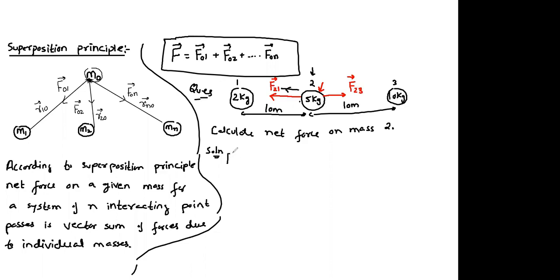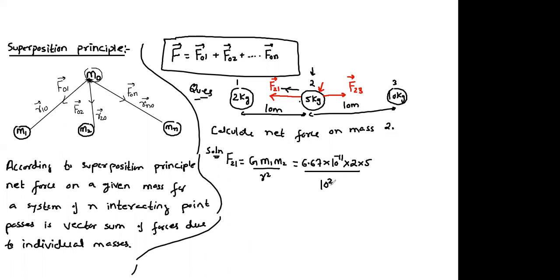Okay, the next thing. Now, can you calculate the magnitude of force F21? For magnitude of force, you can use F equals G M1 M2 by R square. Keep on substituting the values. G is 6.67 into 10 raised to the power minus 11, M1 is 2 kg, M2 is 5 kg, over the separation between them, which is 10, so it's 10 square.